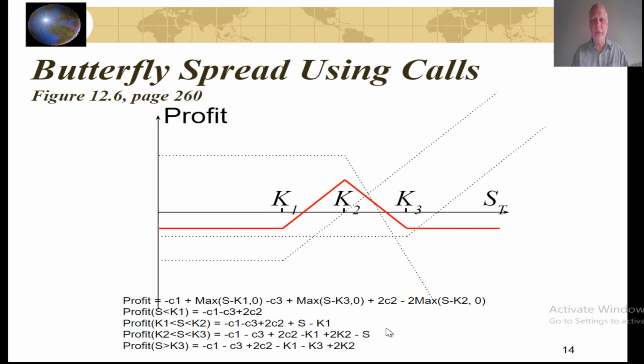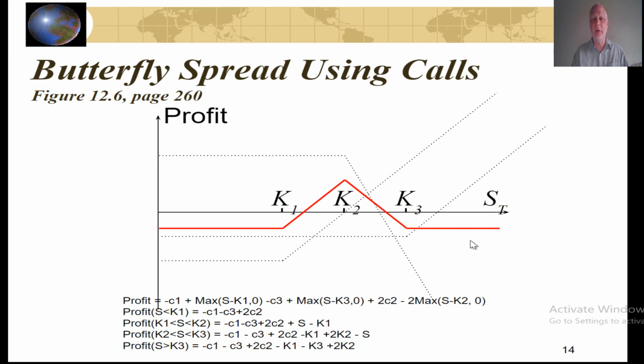So we end up with a plus 2 K2, and our minus 2 S's cancel one of our positive S's here, giving us a minus stock price. Again, we can check at our transition point. If S equals K2, then we are going to equal this term right here. So we will have S equals K2, K2 minus K1. Here, if we have S equals K2, then we will have 2 K2 minus a K2, or a K2 minus K1, just like here.